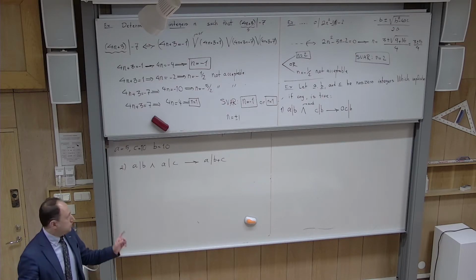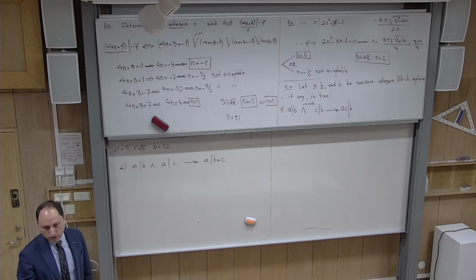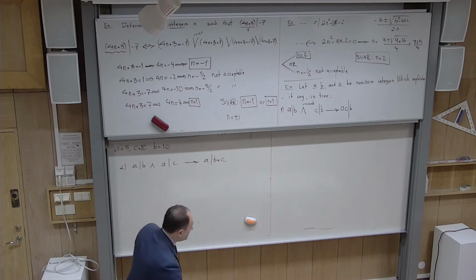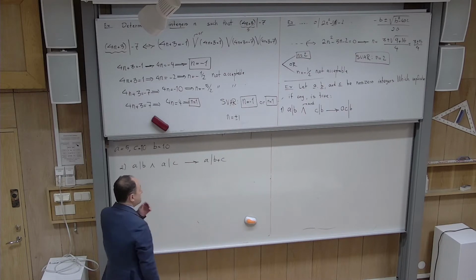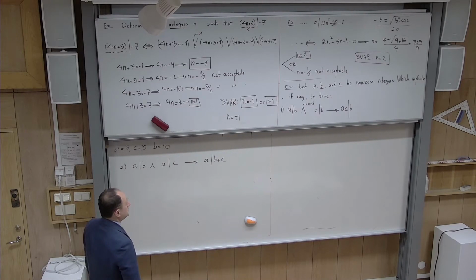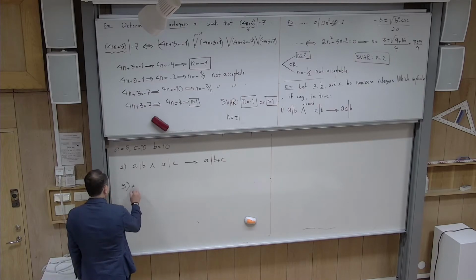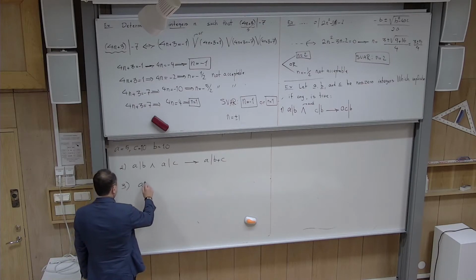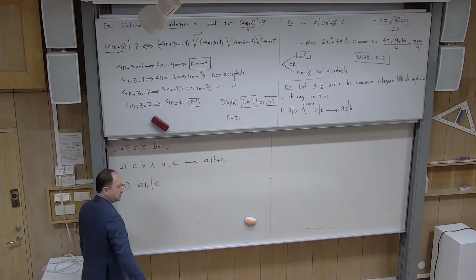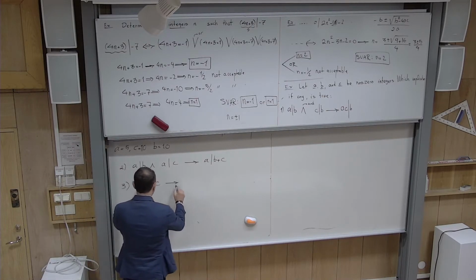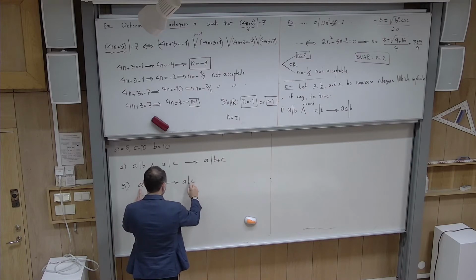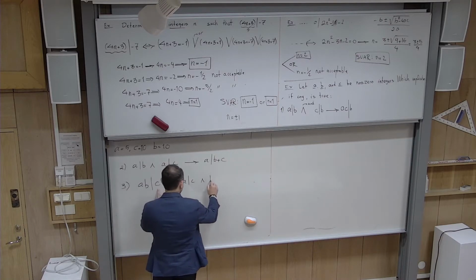So I write one more here, and then I will let you think for 5 minutes, then I come back to you. Let me change that a little bit. So let me write number 3. If you tell me that A times B divides C, can I conclude that A divides C and B divides C?